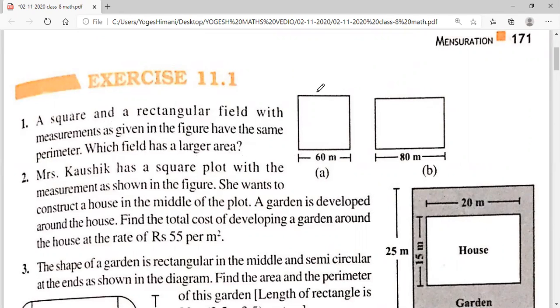So we have a square and a rectangle in which side is 60 meter, and here length or breadth you can say this is 80 meter. We have the same perimeter. Which field has a larger area?